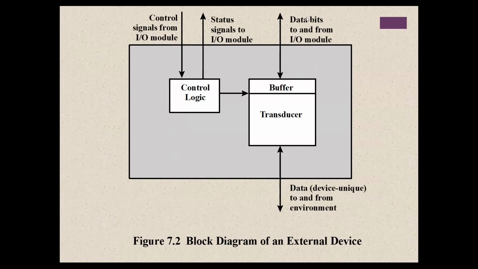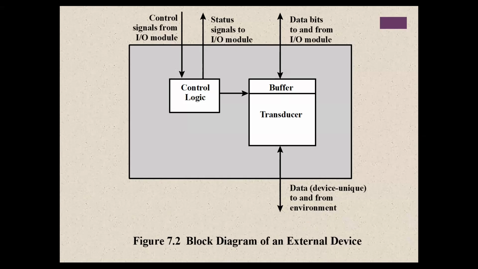So the moment you see this, you know it is interfacing with the I/O module, and then to the external environment. This is a typical block diagram of an external device.